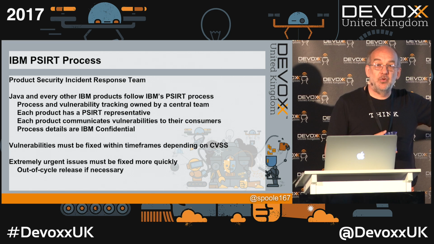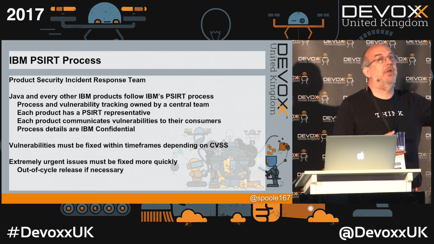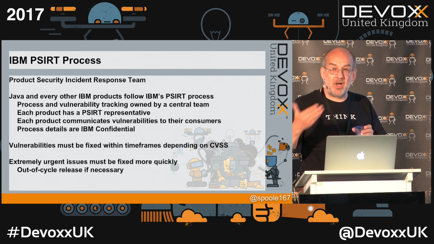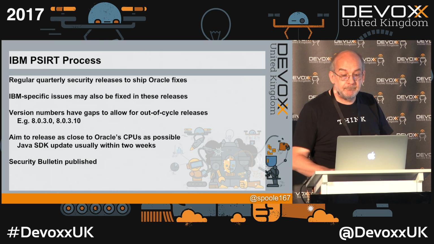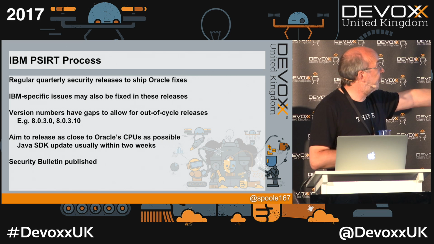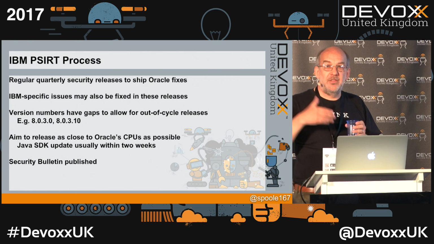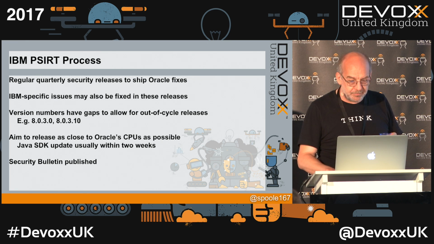We have the X-Force as well, which is a research group that is out basically neck-deep in vulnerabilities, finding them and reporting them as quickly as possible. So that's basically ours. We're going to try, obviously, to get ours as close to Oracle as possible. Same sort of thing with version numbers. There's a pattern. You can use this stuff, right? So, anyway, let's move on.